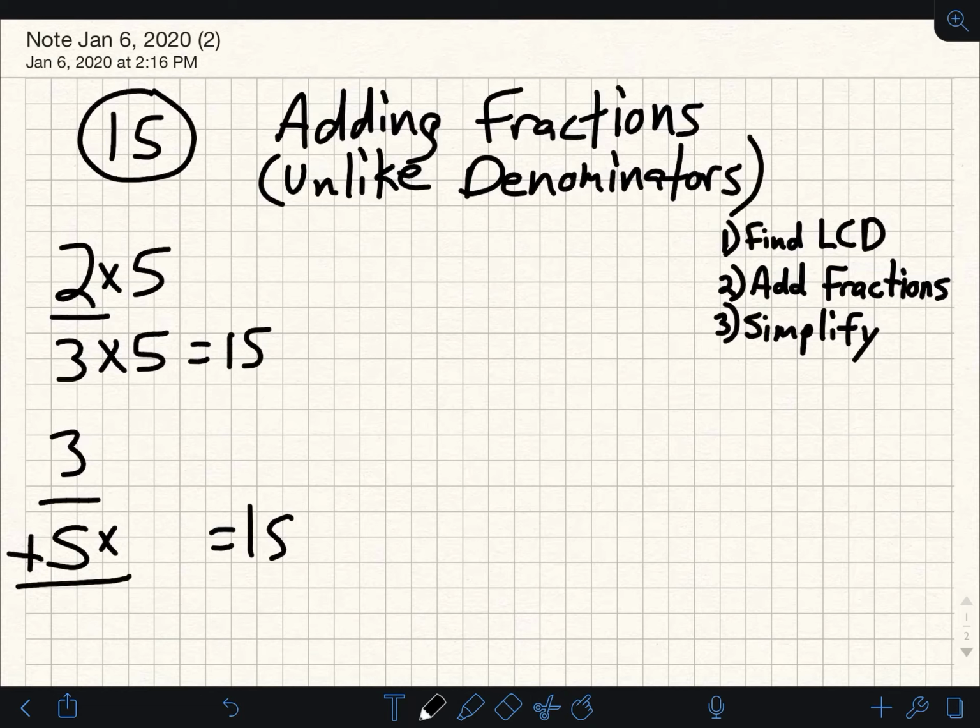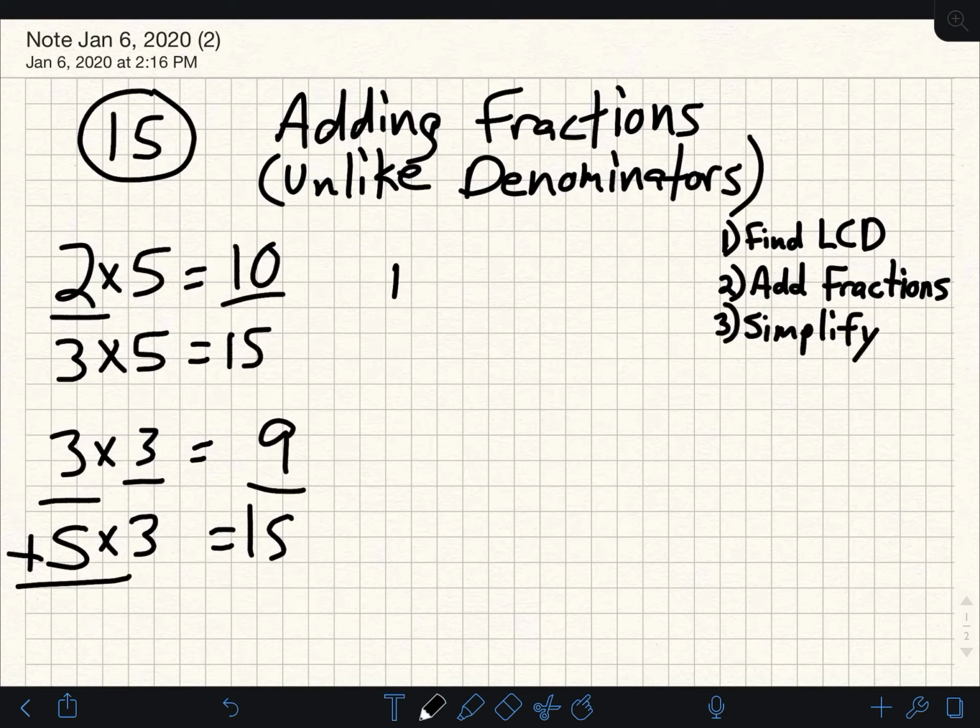So we'll get an equivalent fraction. So 2 times 5 is 10. So we have 10/15 instead of 2/3. And 5 times 3 is 15. So we do 3 times 3, because 3/5 times 3/3 is the same as 3/5 times 1. 3 times 3 equals 9. So we have 10/15 plus 9/15 now.